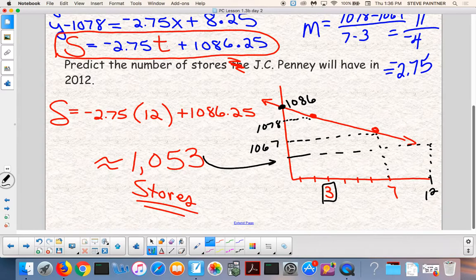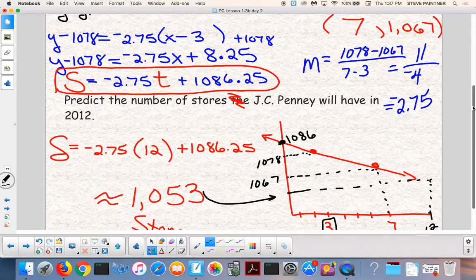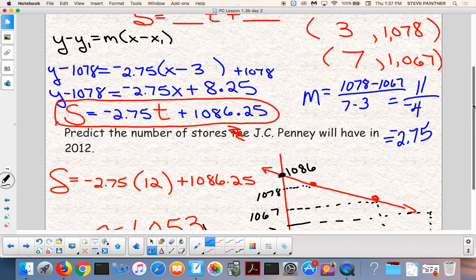You may plug away. I knew it was negative. 1078 minus this, 3 minus this. I wrote it wrong. Nobody caught me, nobody said anything. You finally caught me. Molly?